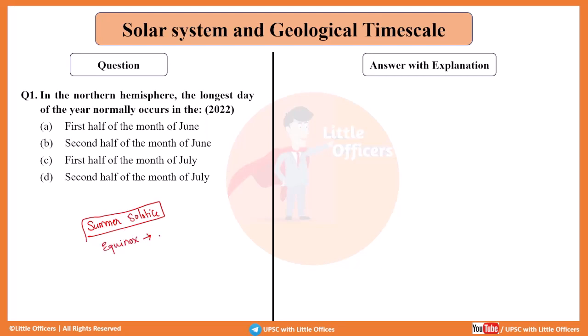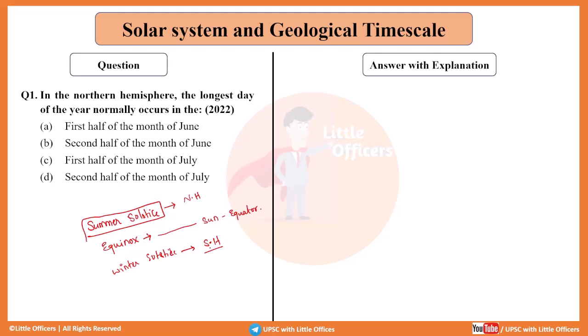We have 2 equinoxes, when the sun is exactly on the equator, and we have equal duration of day and night throughout the globe. Summer solstice is when the sun is on the Tropic of Cancer, in the northern hemisphere. Winter solstice is when the sun is in the southern hemisphere, on the Tropic of Capricorn.